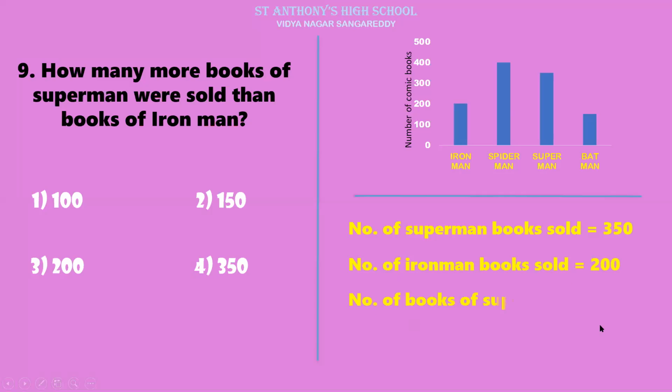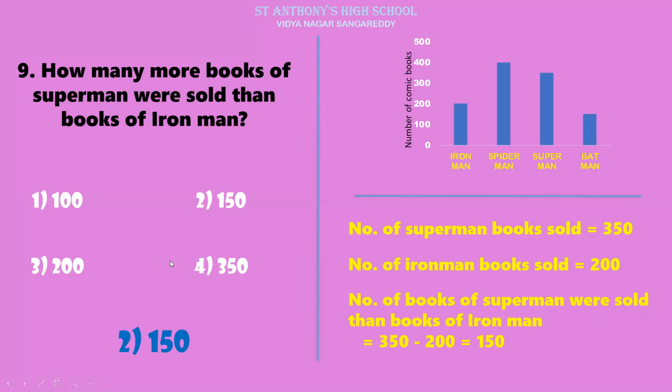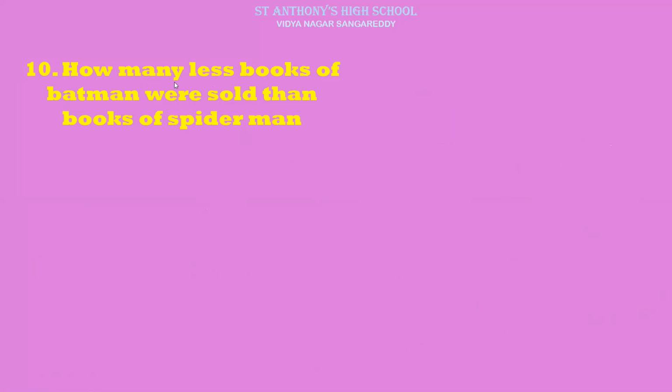So what is the required answer here? 350 minus 200. 150. Yes, very good, Hasid Sai. Venkata Nitesh Kumar, we don't have that option, 160. So the answer is 150.